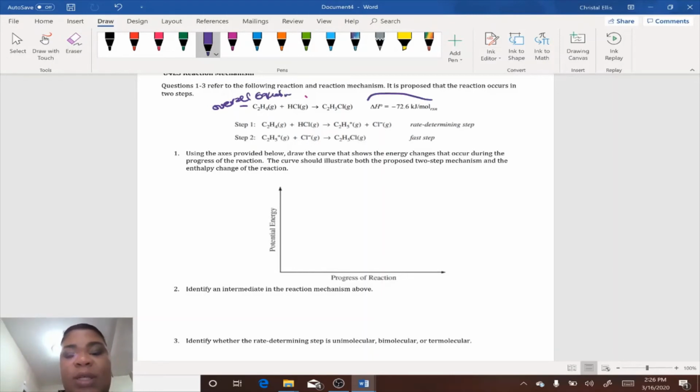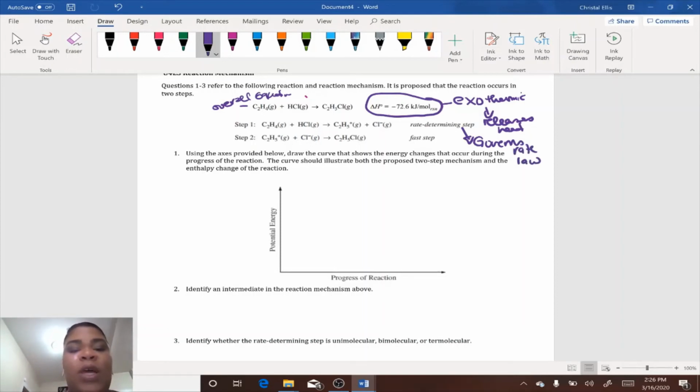And this delta H is negative, so we know that this reaction is exothermic and releases heat and feels hot. We know that step 1 is the rate determinant step, and that governs the rate law. And then we have our step 2 here, which is our fast step. So it says to draw the energy profile, or the energy changes.